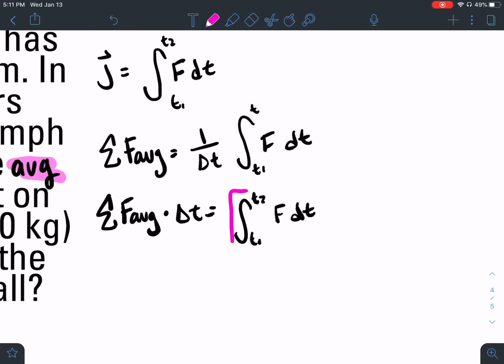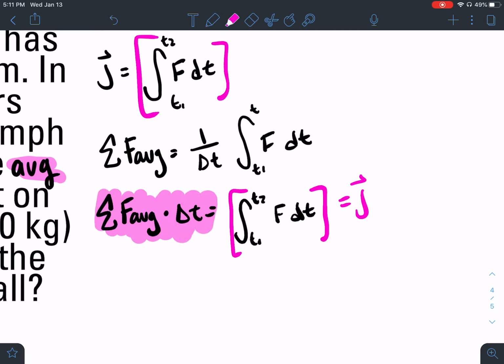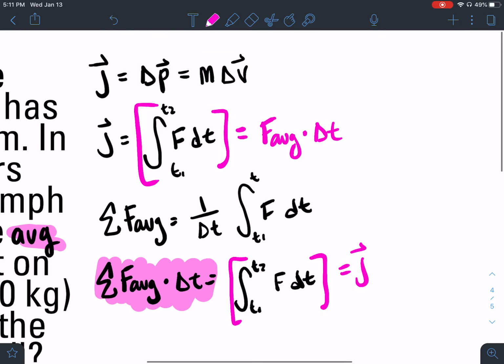Hopefully you guys are noticing that this is the same thing here, which we know is equal to J. So this is another definition of impulse. Not only does it have to be the integral here, we can also say, due to the mean value theorem, that it's actually the average force times the time of the collision. And so we can put that here with our original definitions.